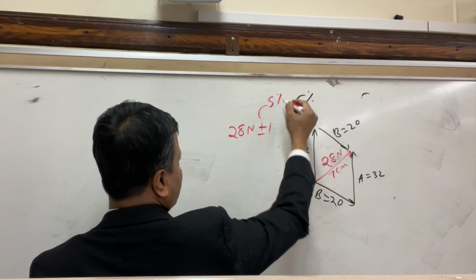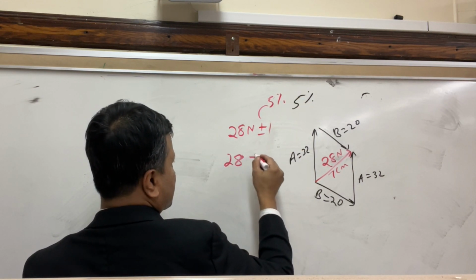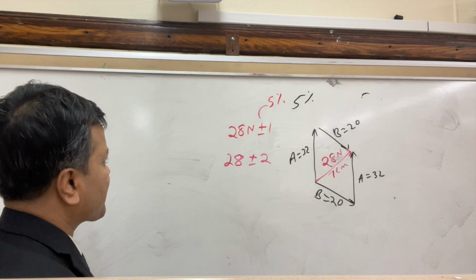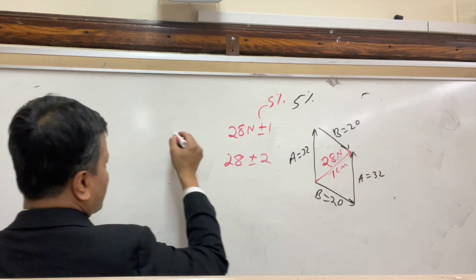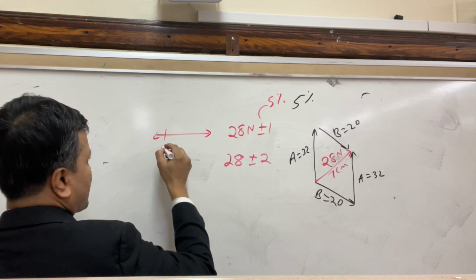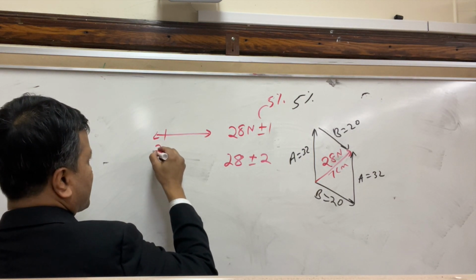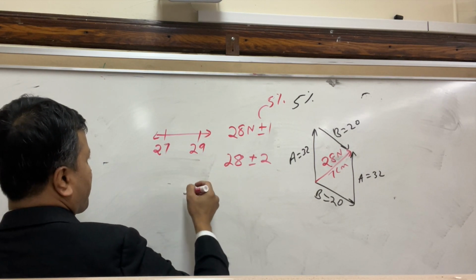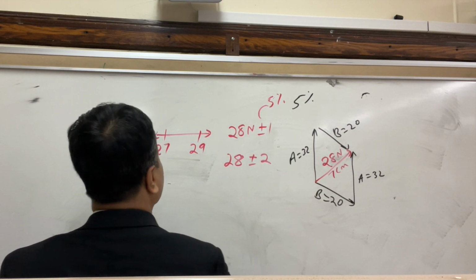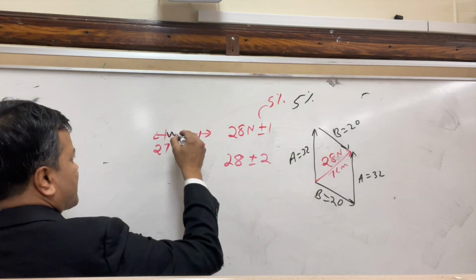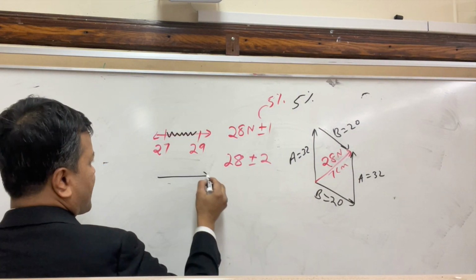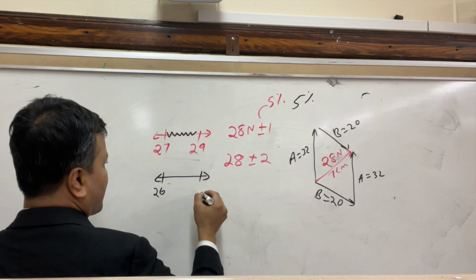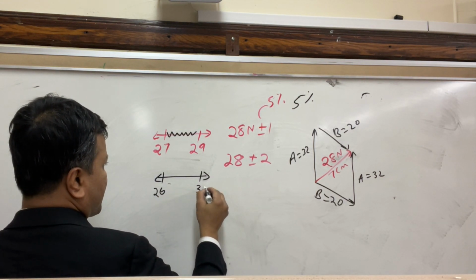If you use 10%, this is plus minus 2. Plus minus 1 means you have 27 and 29, so the true value is between 27 and 29. And this one, the true value is between 26 and 30.